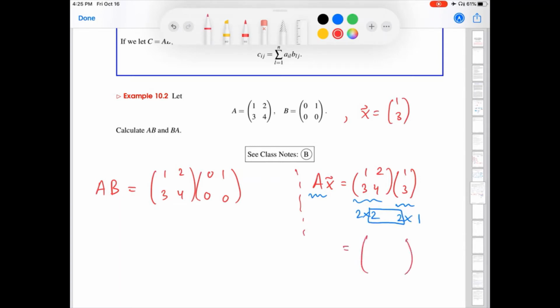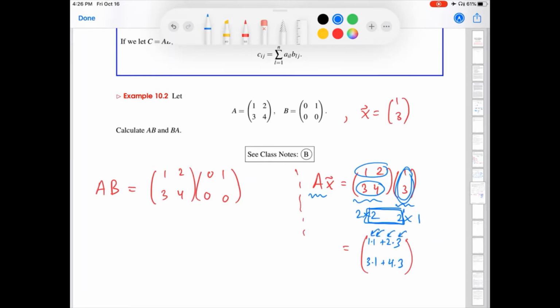We multiply the first row of the matrix times the column, so we would do 1 times 1 plus 2 times 3. And then we multiply the second row of the matrix times the column: 3 times 1 plus 4 times 3. That's why these numbers have to match. Every element of the matrix A has to have a pair to match with in the vector X.